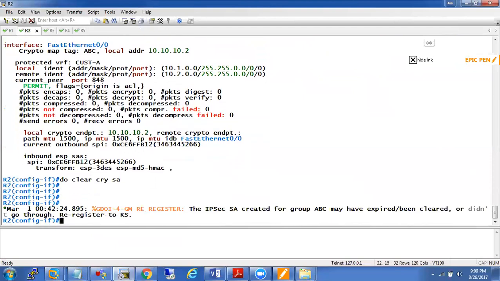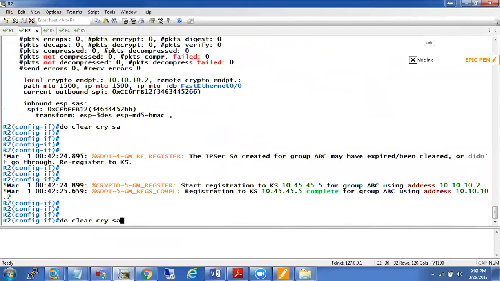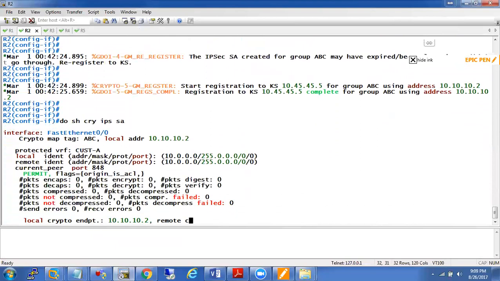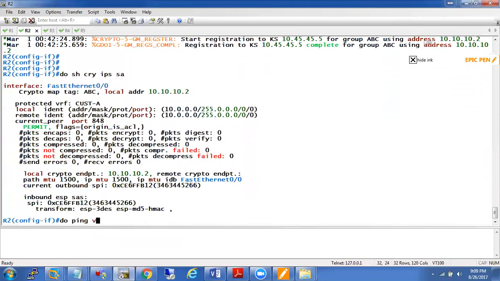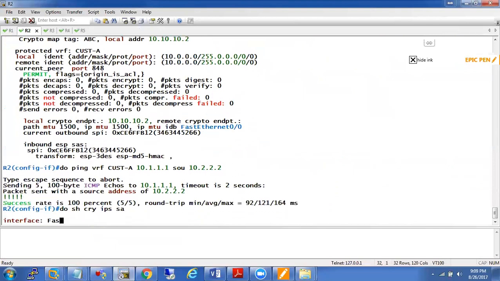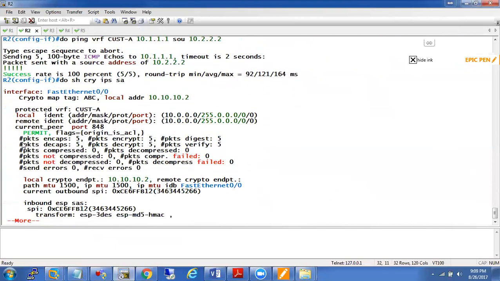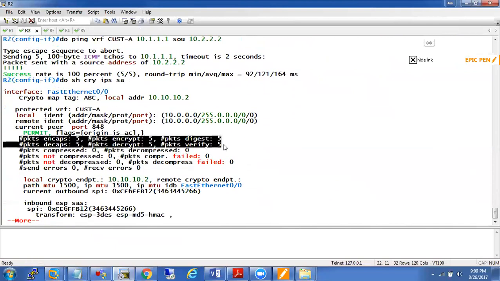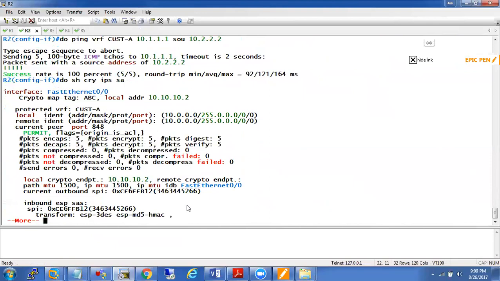This will reset your registration. 10.0.0.0 is good. Do ping VRF cust A. There you go. Now you should have encryption over here. That took care of one side.